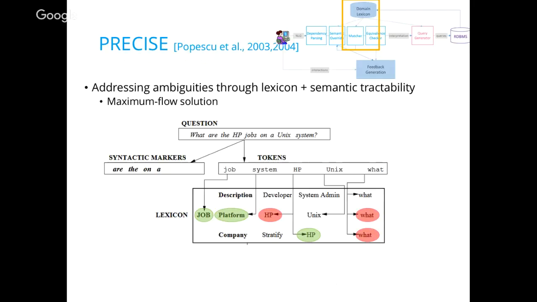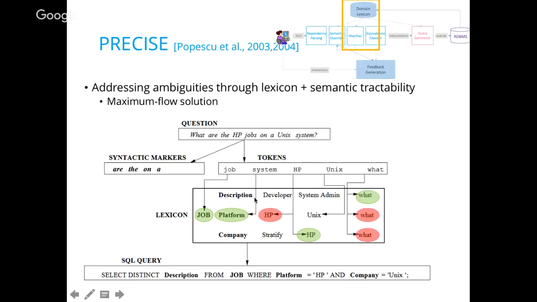Then for Unix, we already assigned it to platform. There is no ambiguity there. And for "what", since we already assigned platform and company, we can no longer assign it to these two, right? So therefore, we can only assign "what" as a description.